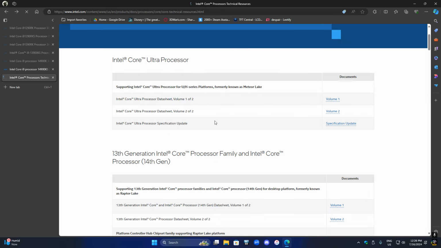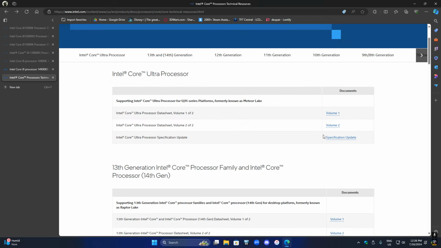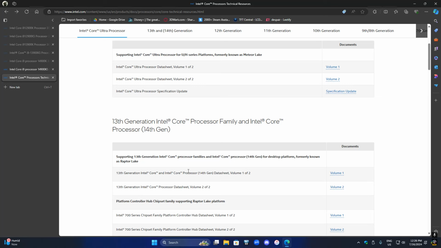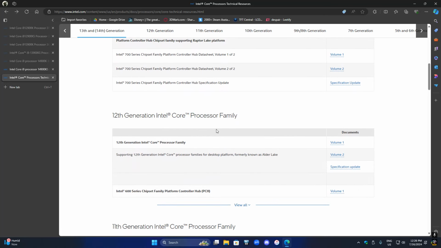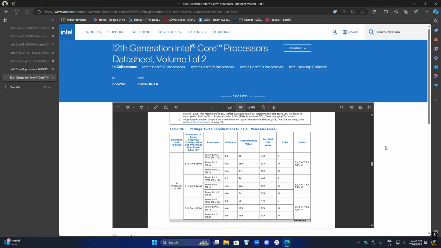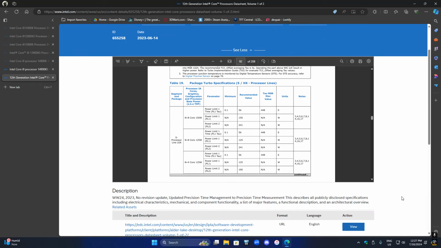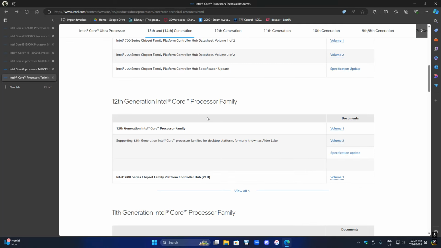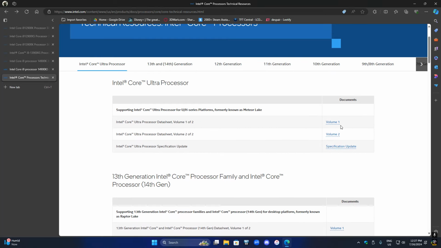But anyway, this should be the same document we used to use for this one, right? 12th gen. Let's see. Voila, it's right there. And what do you know? I was looking at the package turbo. I'll go search up package turbo specifications.